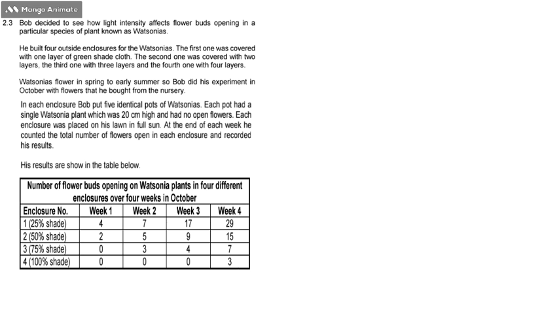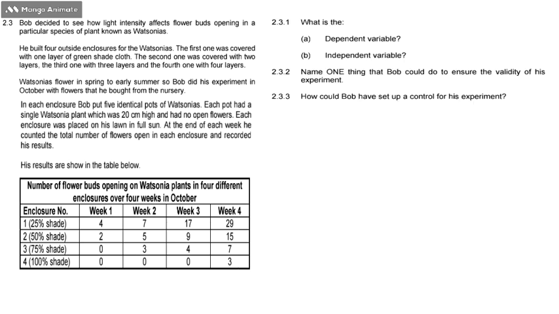The one which had 50% had 9 buds opened in week 3 and 15 in week 4. The one which had 25% had 17 buds opened in week 3 and 29 in week 4. So that's what you need to also understand. Once you have understood this, then we can go to the actual question.